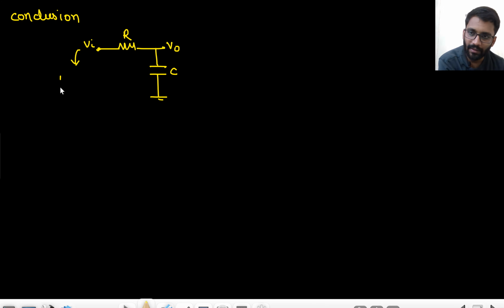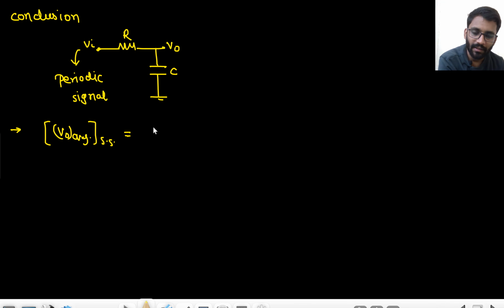This input is a periodic signal. So if they are asking what will be the steady state value of V naught, that would be the average value of the input.